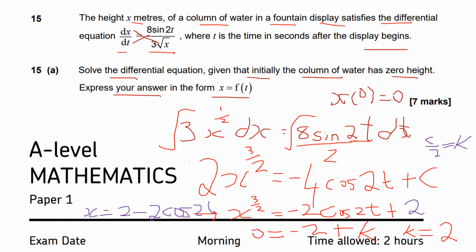Because to undo a power of 3/2, I have to raise both sides to the power of 2/3, because the index laws will cancel out the power on my left-hand side. That's the reason why I get that.